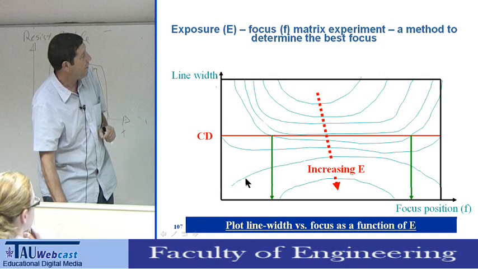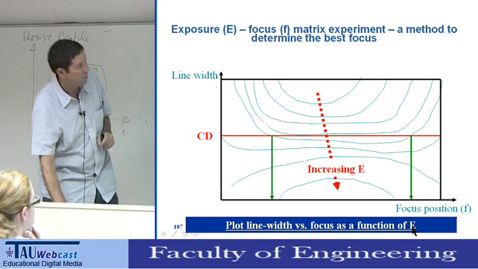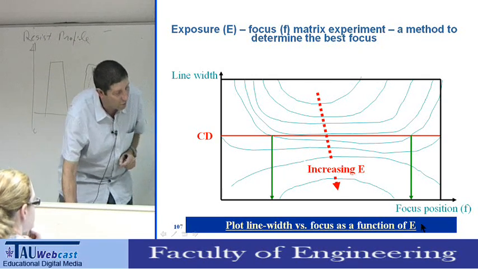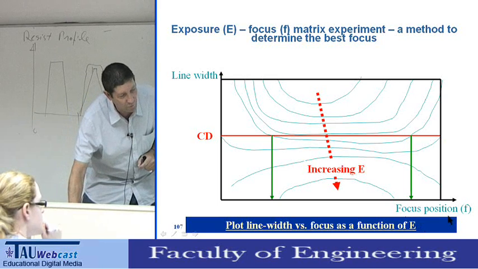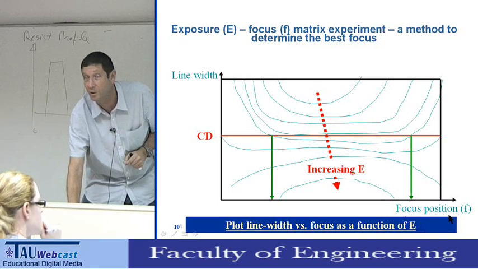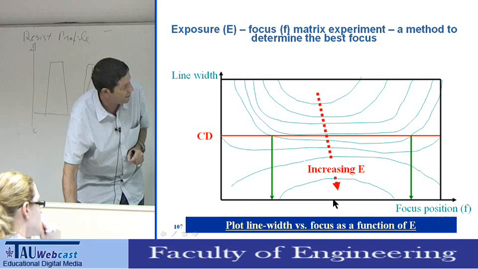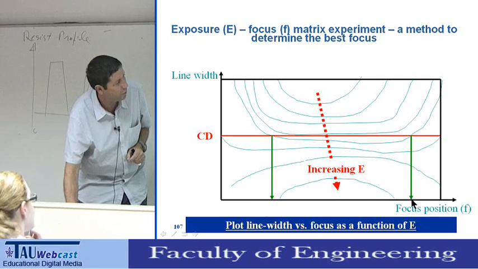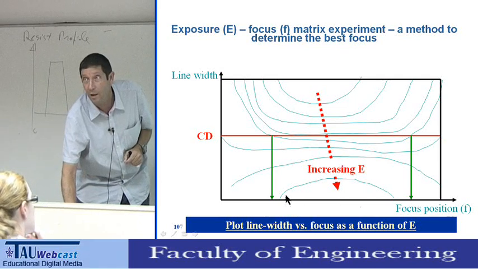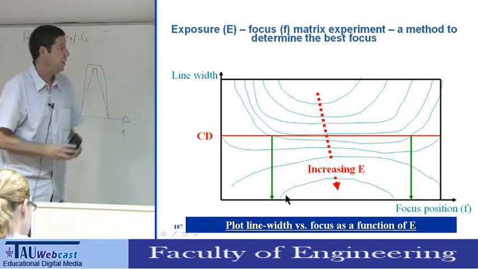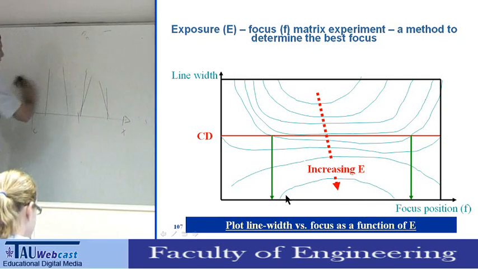And this is the line width versus focus. I apologize for the low quality, but what is written here is focus position, or the defocusing. So this can be the best focus, this is a little bit too high, this is a little bit too low.